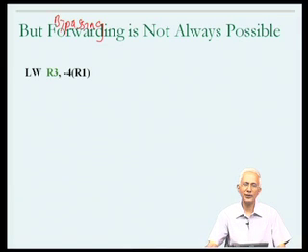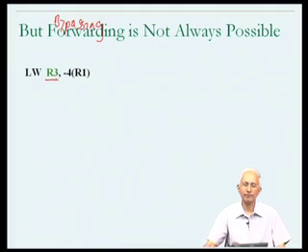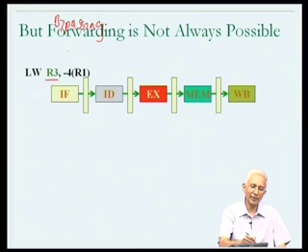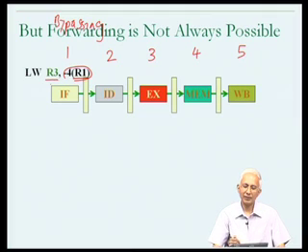So here we have a load word instruction which has as its destination register R3, and recall that when this instruction progresses through the pipeline, it gets fetched, it gets decoded when its source register is read, it executes, at which point its effective address is calculated by subtracting 4 from R1, it accesses the data cache, and finally updates register R3 in cycle number 5.